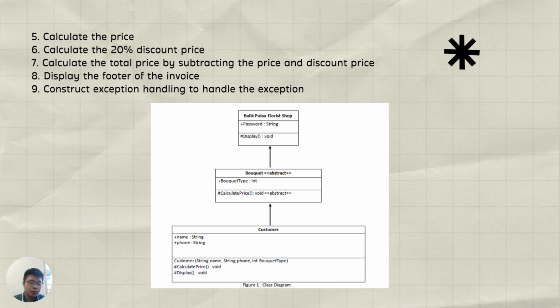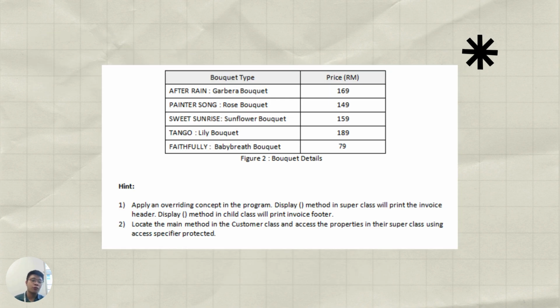The next thing is that we override calculatePrice from the Bouquet class, and also override the display method from the superclass. Then the next thing is Figure 2, which is the bouquet details. The bouquet details show each bouquet type and its respective price. And below is the hint.